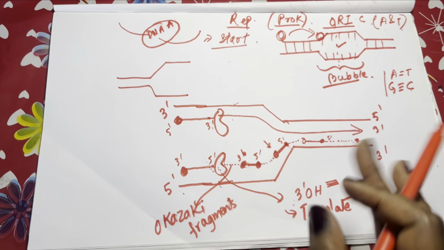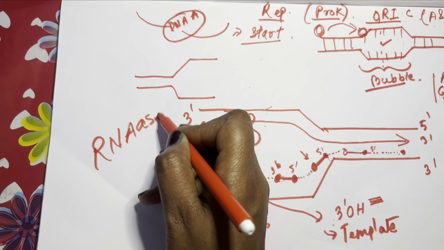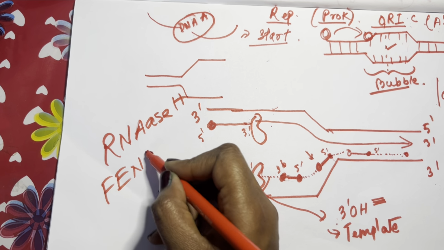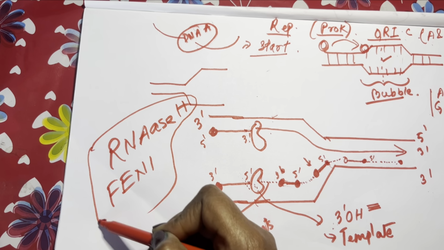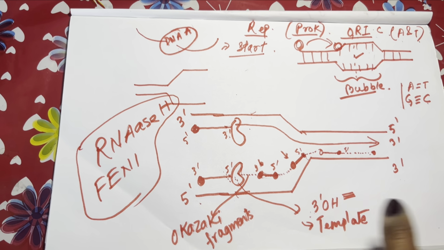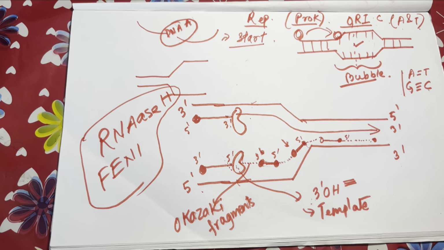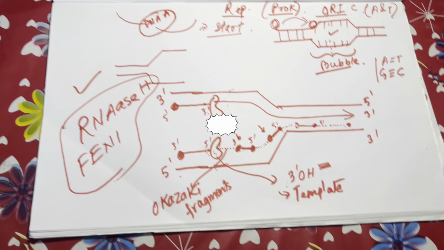So these DNA-RNA hybrids are removed by certain enzymes like RNase H and FEN1. Remember, these are certain enzymes that can remove the DNA-RNA hybrids, because we don't need hybrids at the end, we need pure DNA.